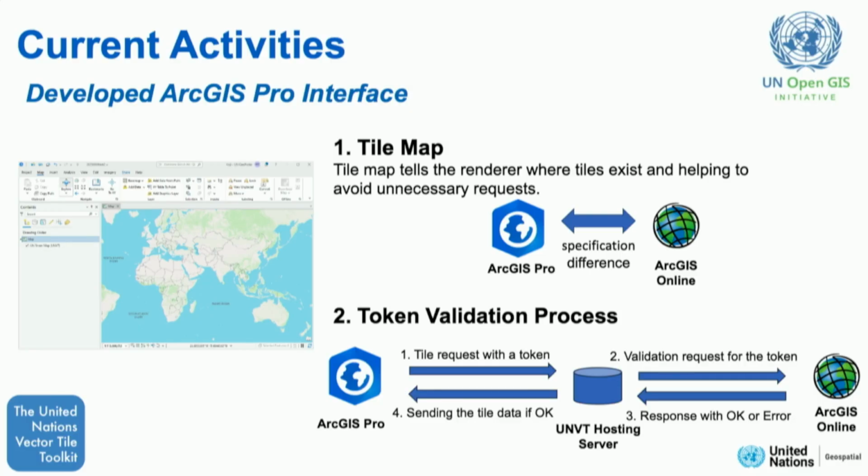Let me explain how the token validation process works. First, ArcGIS Pro sends a tile request with a token to the UNVT hosting server. Second, the server sends a validation request for the token to ArcGIS Online. Third, ArcGIS Online checks the token and responds with a result, either OK or error.